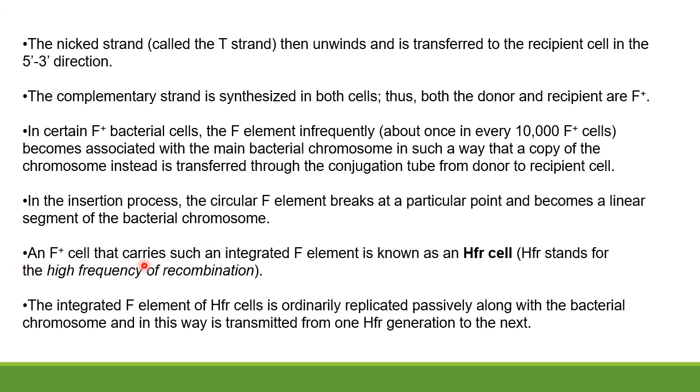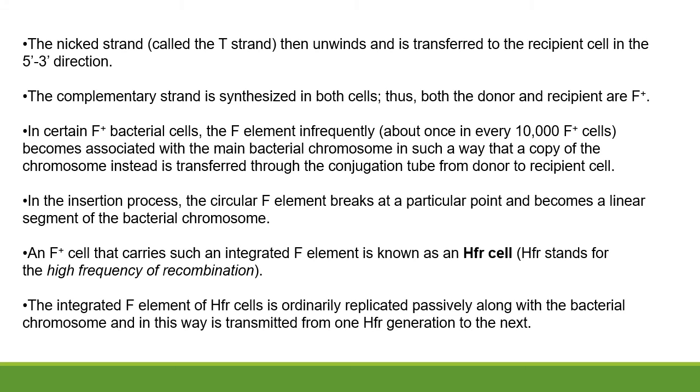An F plus cell that carries such an integrated F element is also known as an Hfr cell. Hfr stands for high frequency of recombination. The integrated F element of Hfr cells is ordinarily replicated passively along with the bacterial chromosome, and in this way is transmitted from one Hfr generation to the next. So this is the once in every 10,000 cells case.